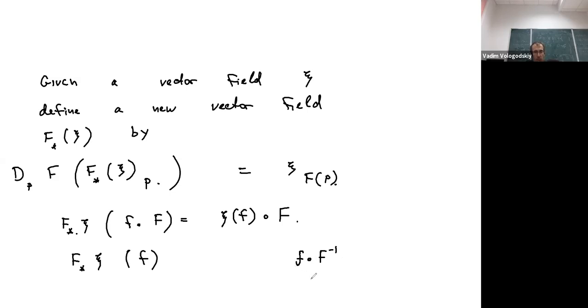This gives you a new function, and you can apply the derivation to this new function. This gives you another function, and you can compose it with F. That's the formula.